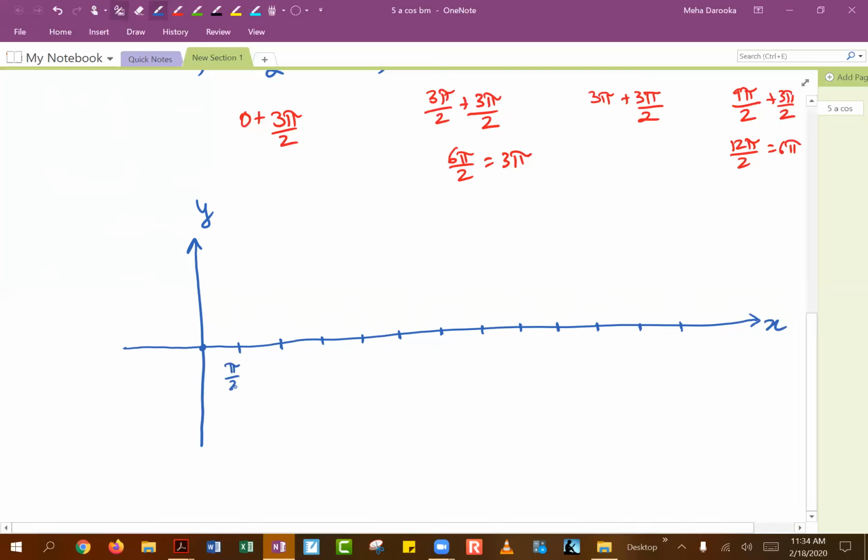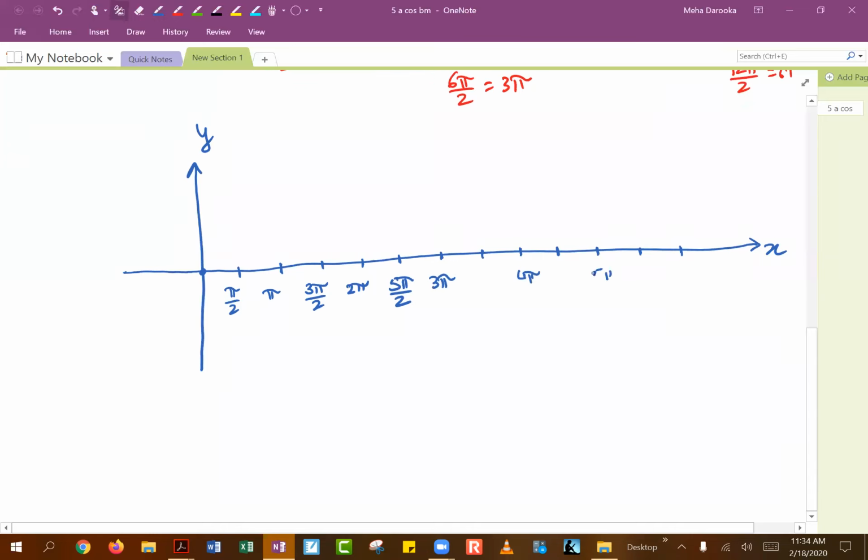And again, just for comparison, I'm going to show you with the basic cosine function, and that's our amplitude of +1 and -1.